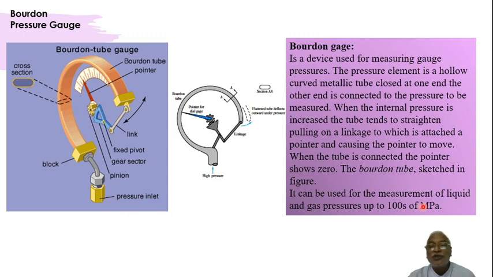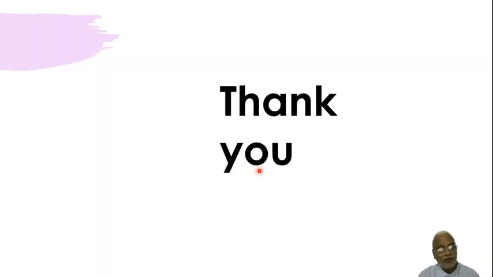Pressures up to hundreds of megapascals can be measured using pressure gauges. Of course, different ranges of pressures can be measured with different Bourdon pressure gauges. Okay, thank you. We'll stop here.